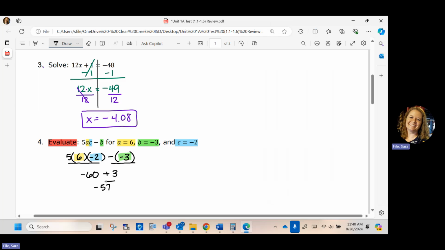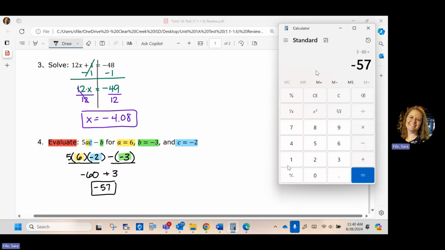If you absolutely have to have a negative, if you don't know that you can do that backward, then you can just do 0 minus 60 to get you that -60, and then you can add the 3 to that and get the -57. So you have some options. If you absolutely need to start with a negative, you can always do 0 minus whatever that number is to get that negative in your calculator.